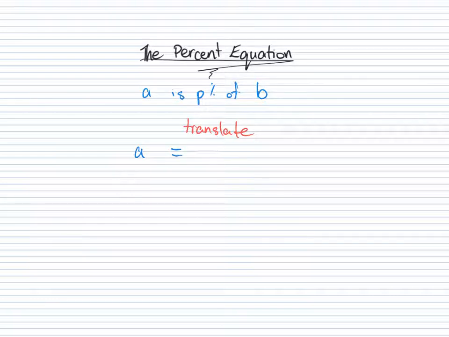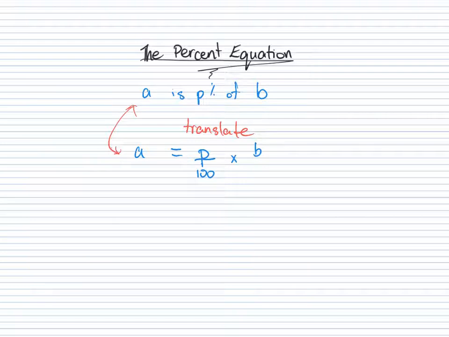Is means equal. So A equals P percent, as we know, is out of 100, so P out of 100 of B. And when you take a percent of a number, the operation that we use is multiplication. So these two things are exactly the same.